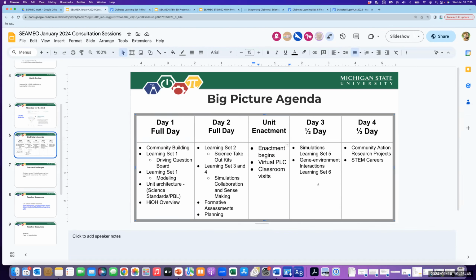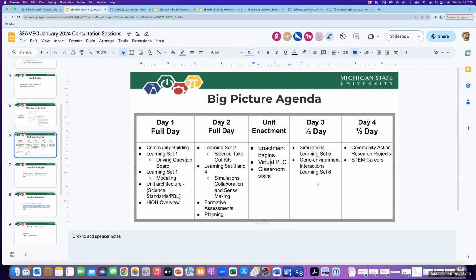So if we can provide these rationales for why do we have kids ask questions? Why do we have them experience phenomena? What's important for them to share among each other? We need to point those features out, but then for each one of them, we really need to provide a rationale, because that rationale is going to help those participants really understand, why should I take part in this?